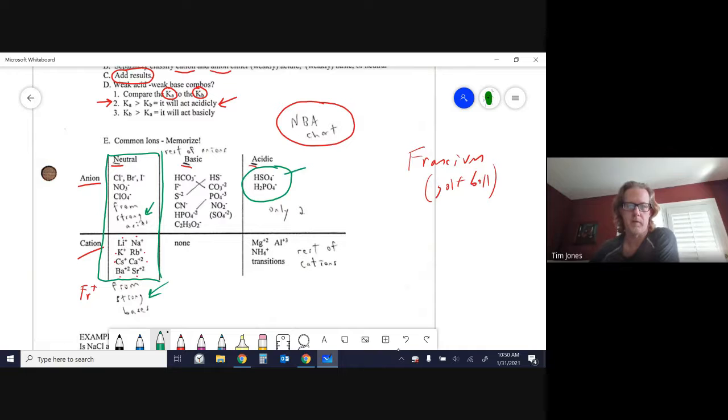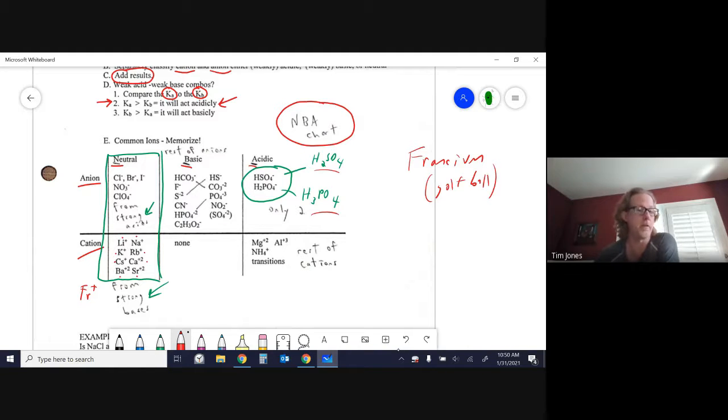HSO4 comes from sulfuric, and H2PO4 comes from phosphoric. So these are 2 acids you should just be familiar with, sulfuric and phosphoric. And just know that when they lose their first hydrogen, the remaining ion is still acidic. Now it's weakly acidic, but it is still acidic.